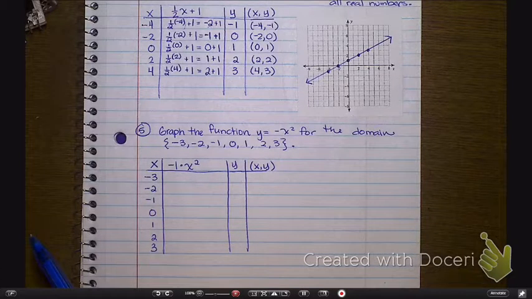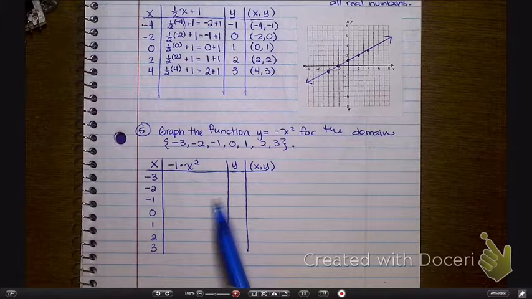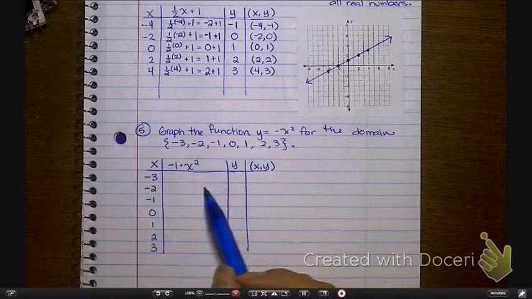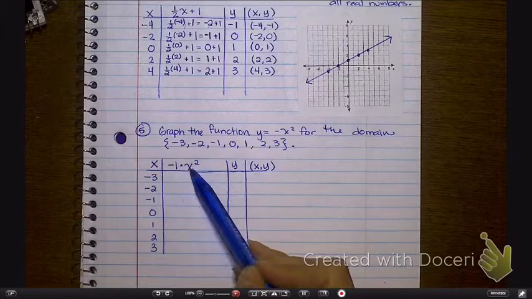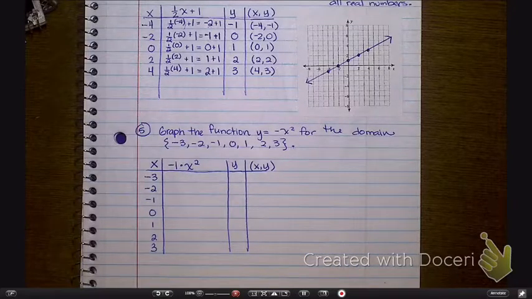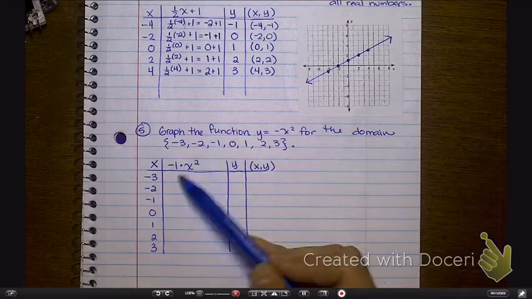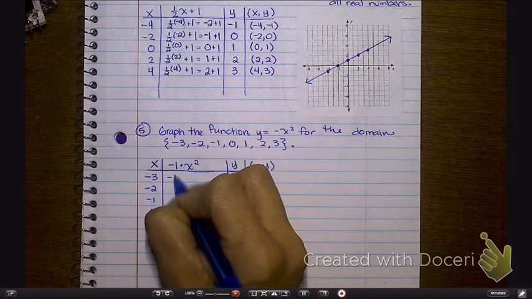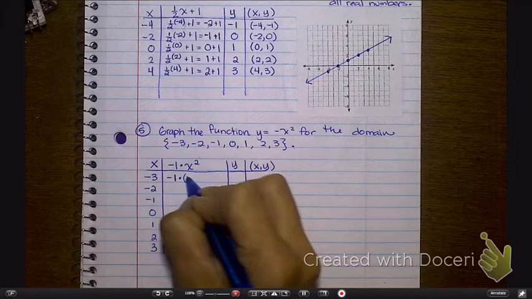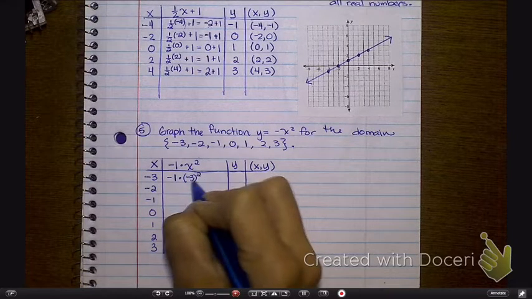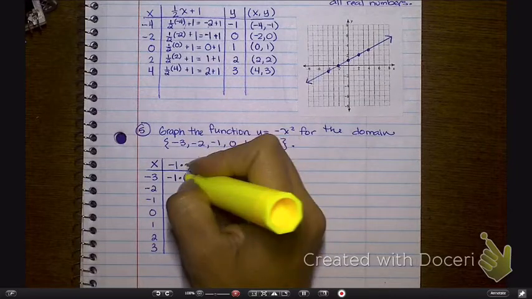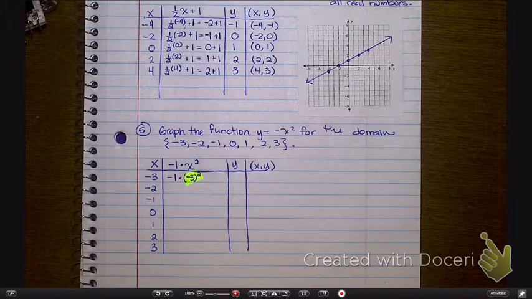Now, when I go to plug in my numbers, what operation do I have to do first? Multiply or exponents? Think about order of operations. Exponents, right? So when I plug in these numbers, I'm going to have to do the exponent part first. Let's remember what it means to square a number.